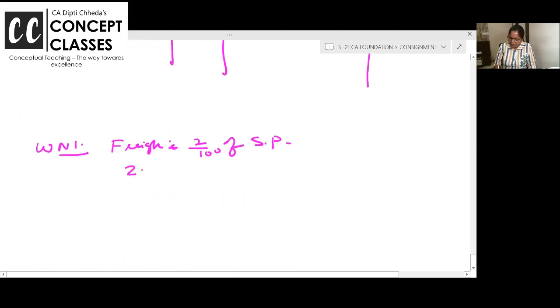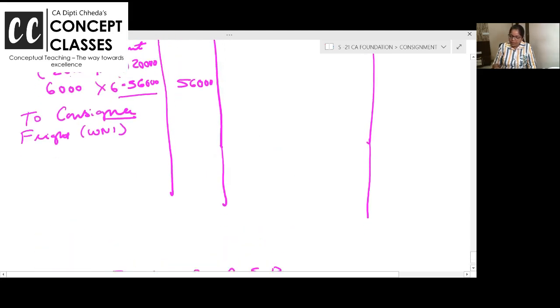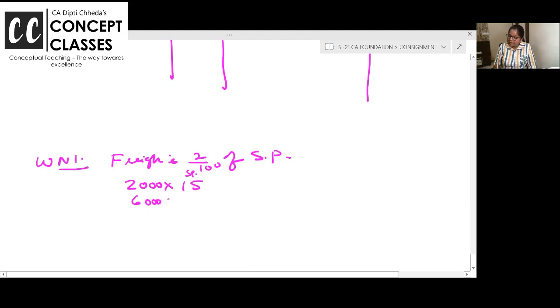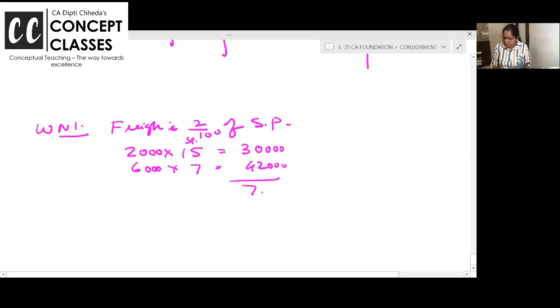So देखो, 2,000 goods, selling price is 15. 6,000 packets, selling price is 7. 30,000, 42,000. 72,000 is the total selling price, और इसका 2% is the commission.